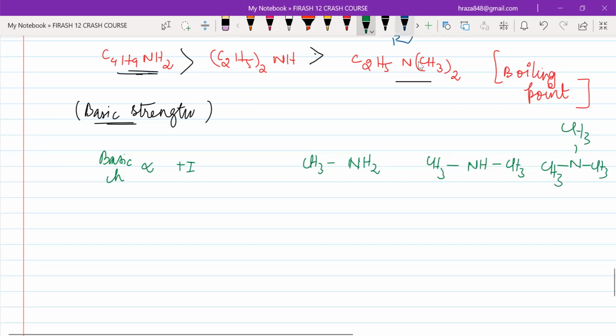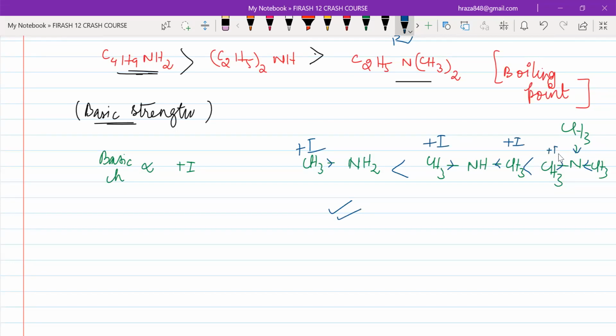The expected answer is that this will be the most basic, and then this. Are you getting my point? Because it has plus I effect from one side, this from two sides, and this from three sides, right? So this will have the most basic character. This is the expected order, which is wrong. Practically, we will see that this is wrong. So I would recommend you to please read about it.